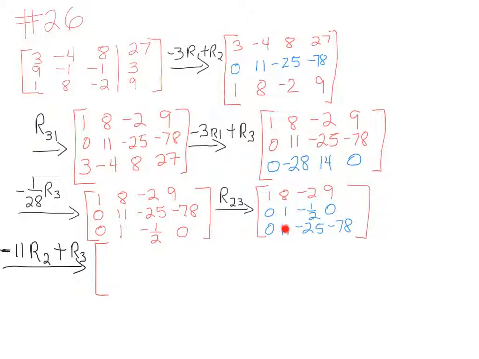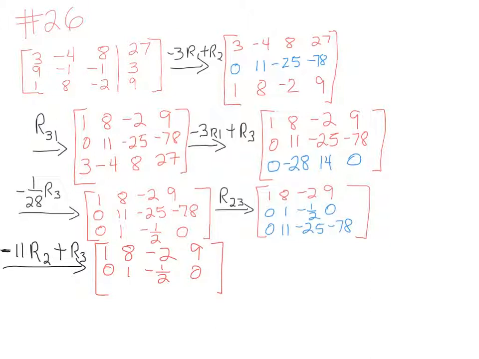For example, you want to eliminate this, you want to use the 1 that is on that column. And if there's no 1, then make a 1 in that column and then use it to eliminate. So the first row stays the same. The second row stays the same.